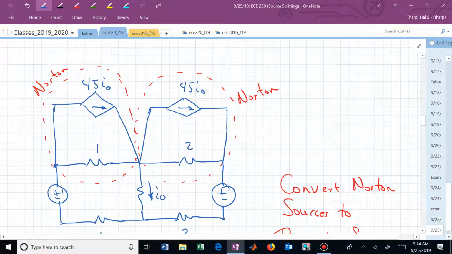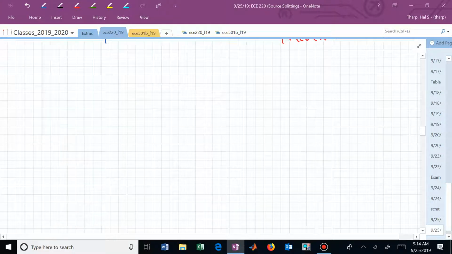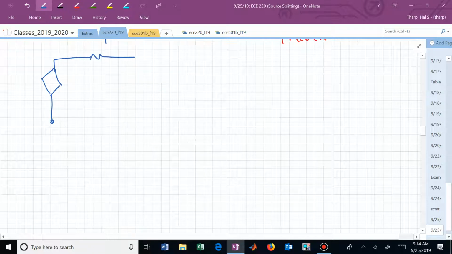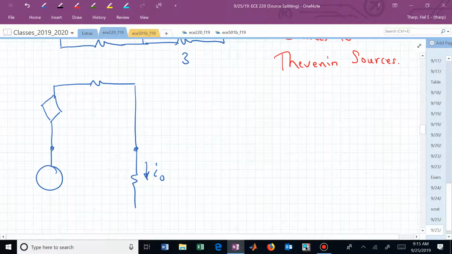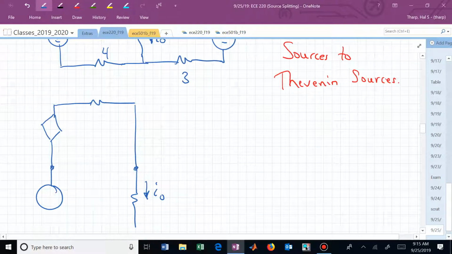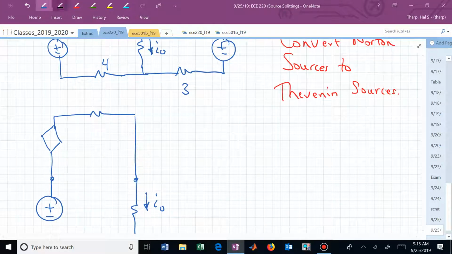Now I just worry about that node and that node on the left and replace that parallel source with its Thevenin source, the Norton source with the Thevenin, which means now if I maybe to make it look a little bit more like what you're used to seeing, and how do I now convert this into this?